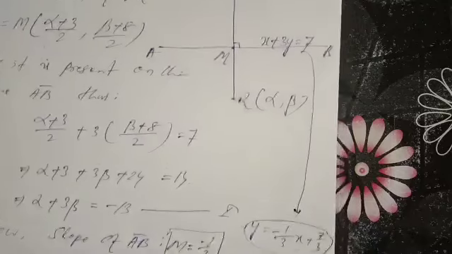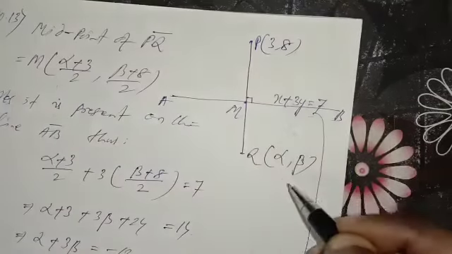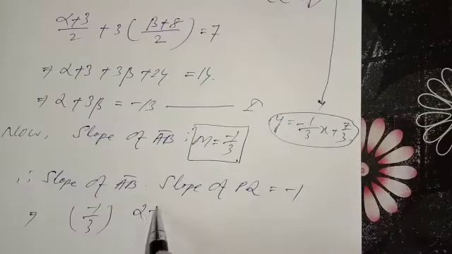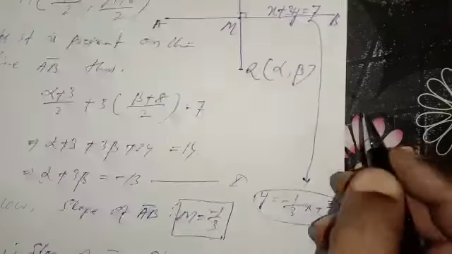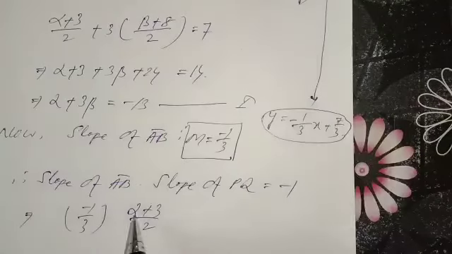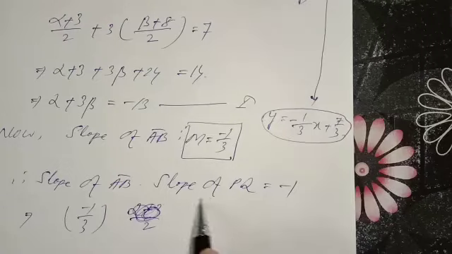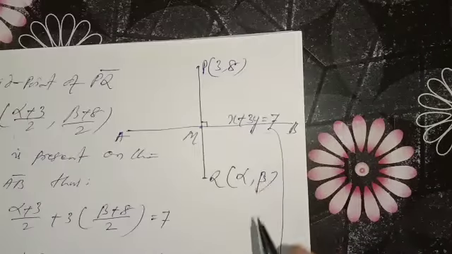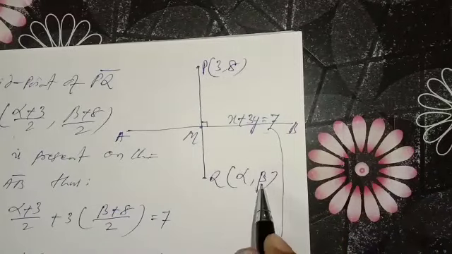How will you find the slope of PQ? See, what are the coordinates of P? That is (3, 8), and Q is (alpha, beta).